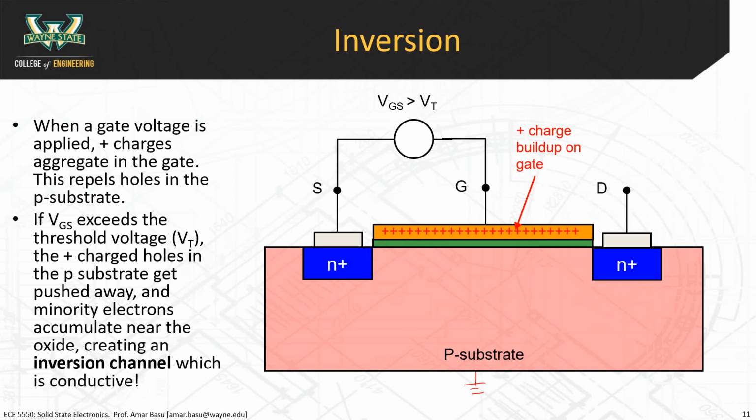So when we apply a gate to source voltage, for the purposes of this slide, just think about the source being grounded as well. So it's kind of like we're applying a voltage between the gate and the substrate.